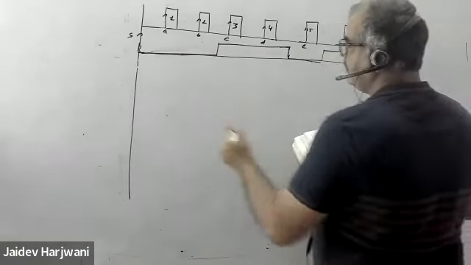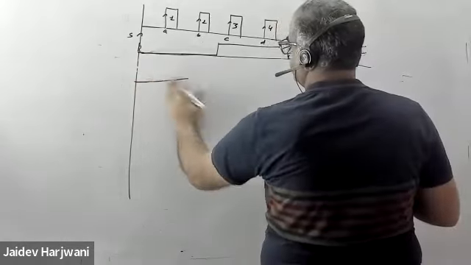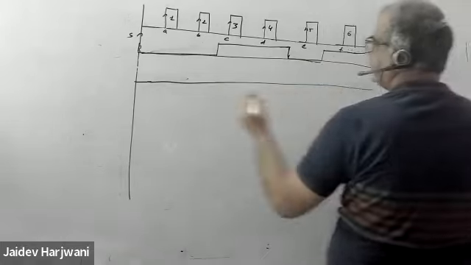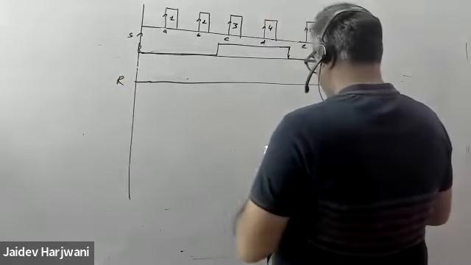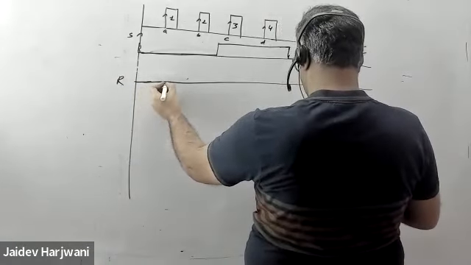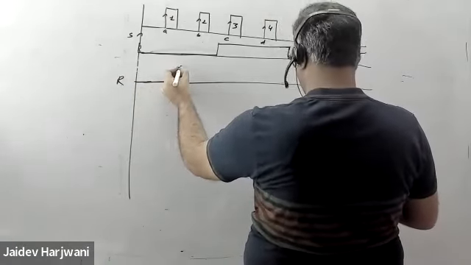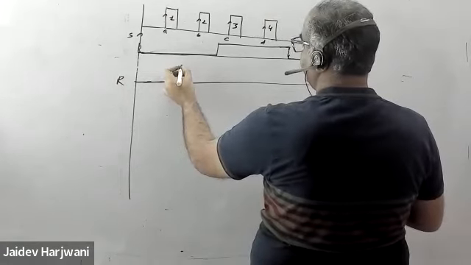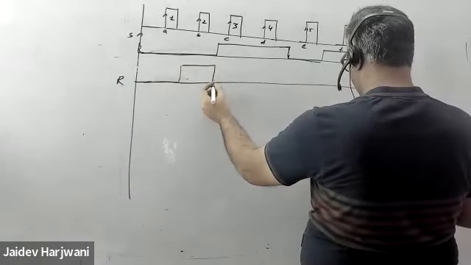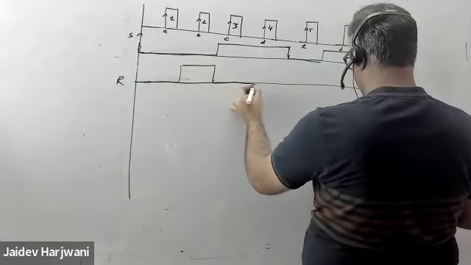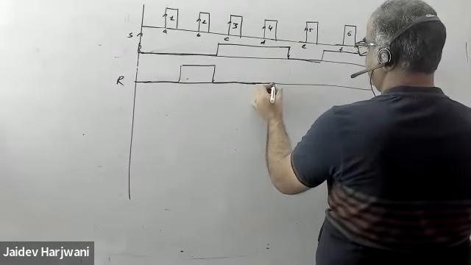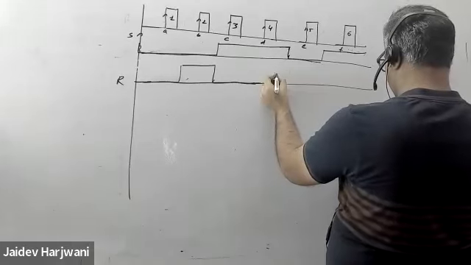Then you have R. R is 0, 0, and rises between A and B. Then it goes down between B and C. Then again it rises between D and E, just before this one.